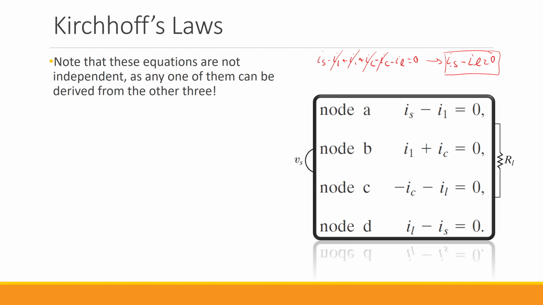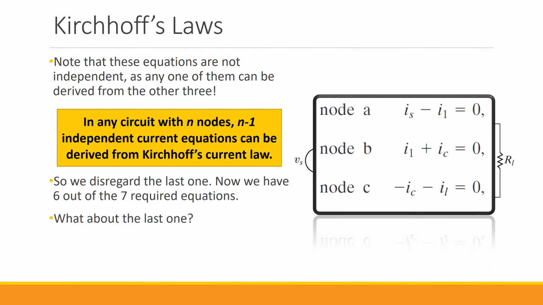If I multiply this by a minus sign, I get exactly the same equation. So because of that, not all of these 4 equations are considered independent. So that's why we can only use 3 of them. So any 3 that you want. For the purpose of this example, I use the first 3.